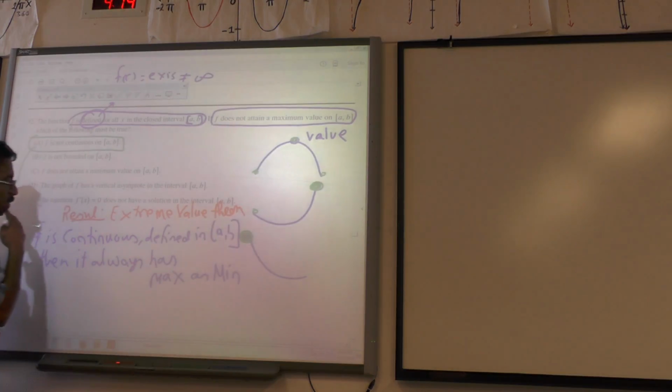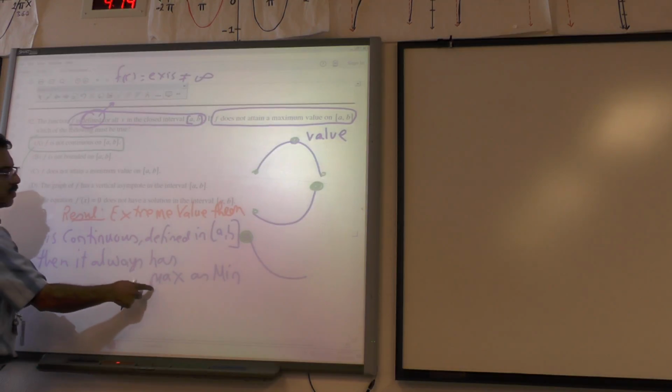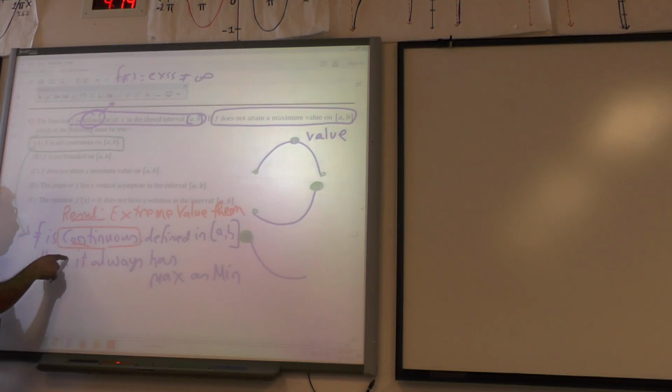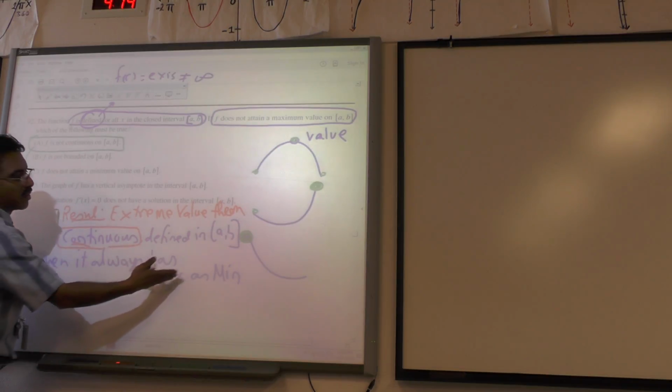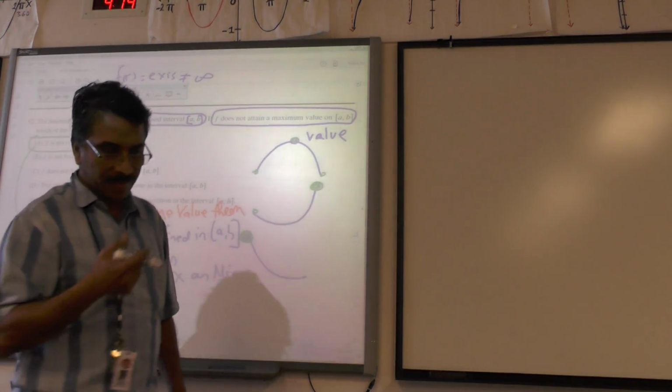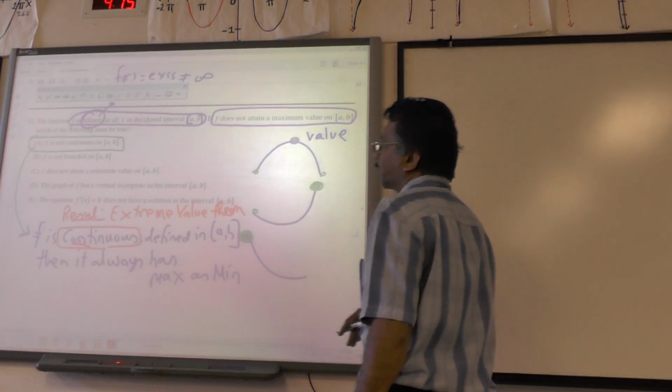So what it means is, to be 100% sure of having a maximum and minimum, it has to be continuous. Because if it is discontinuous, there may be no chance of having a maximum. Does that make sense to you?